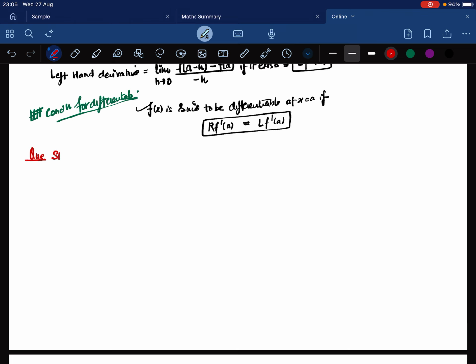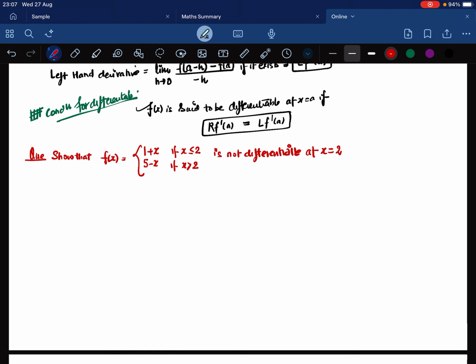Let's discuss our first question. Show that the given function f(x) equals 1 plus x if x is less than or equal to 2, and 5 minus x if x is greater than 2, is not differentiable.